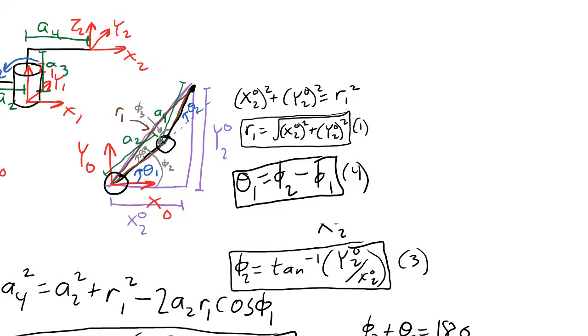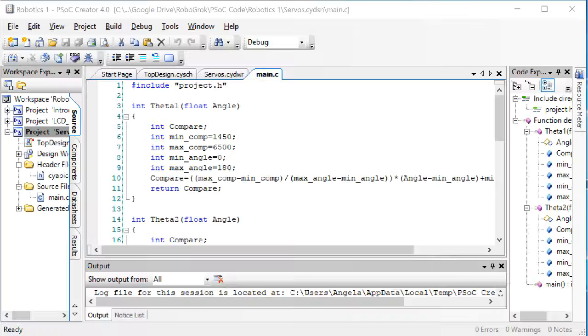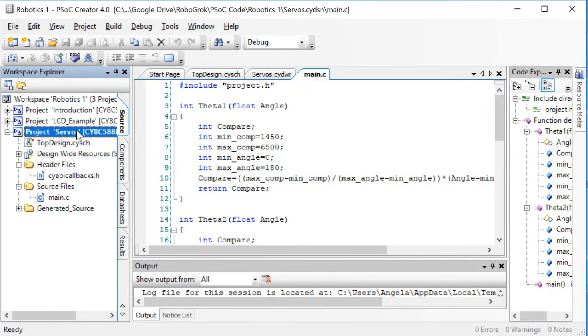Right now, we're going to take these equations into our code, and I'm going to show you how to use these equations to position the end effector. Start by opening PSoC Creator and open up the project that we were working with last time. Remember that this project is called servos.